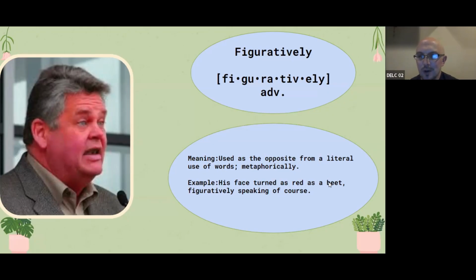If it's the same color as a beet, maybe he might die. But they said figuratively speaking, so that means we don't mean literally the color of a beet, we're using beet as a metaphor. It's just similar, but not exactly like a beet. That's what happens when we use the word figuratively.